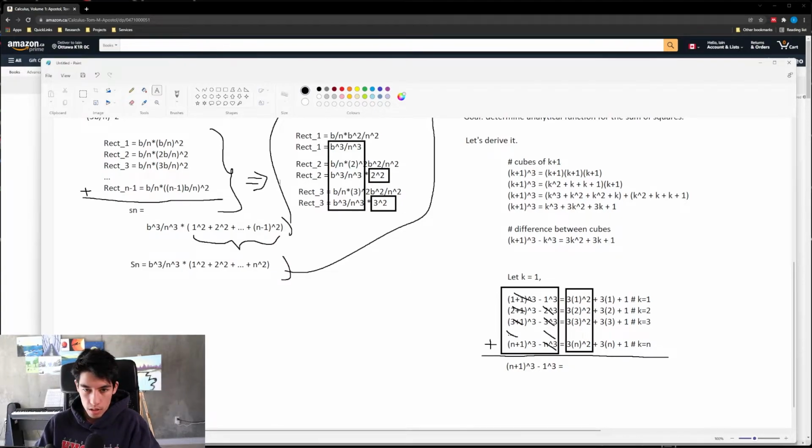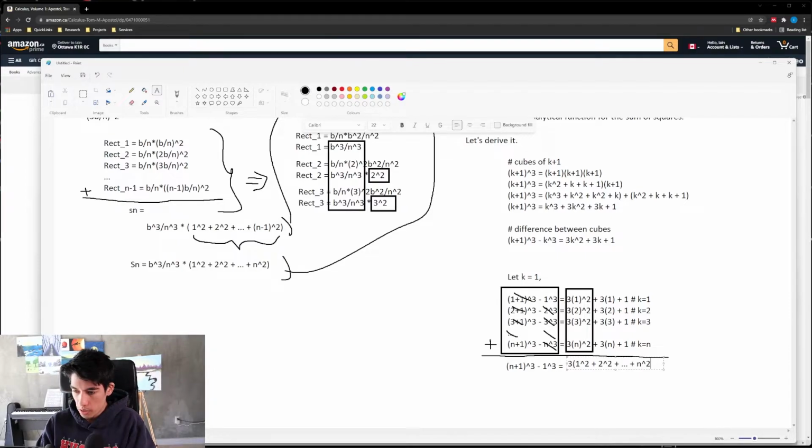Factorize out the 3 because it's common to everything, and then express the squares inside of the factorization. So now we have the second part, where this corresponds to this right here.